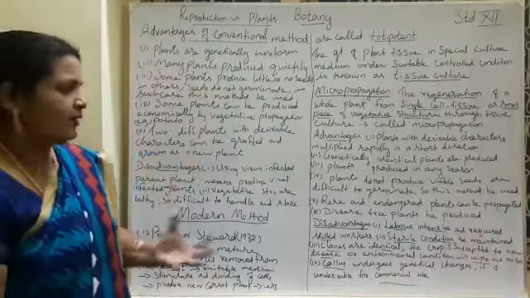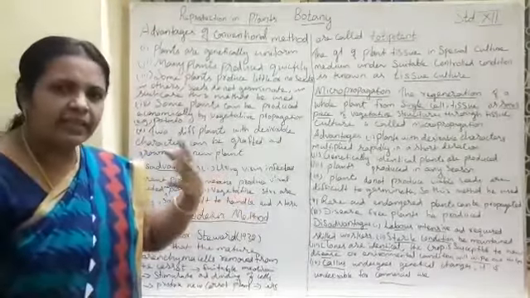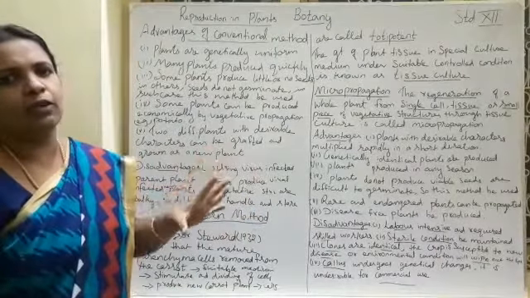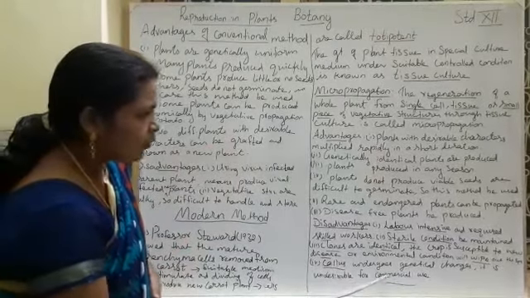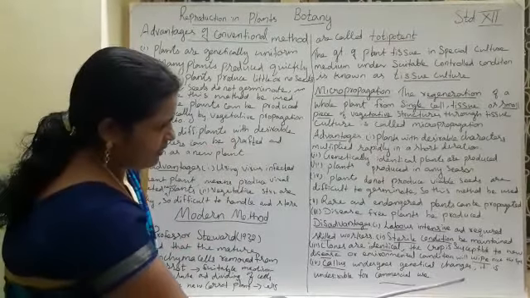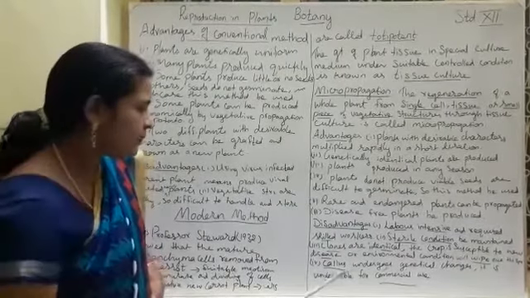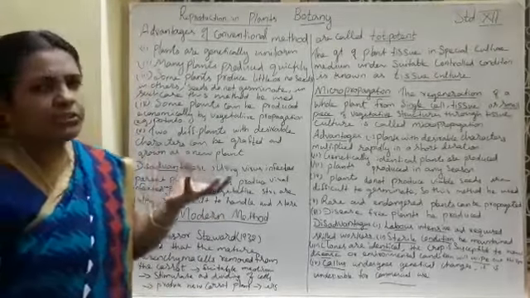That means, in some cases, if the tissue or clone has any disease, what happens? All the species are washed out. That is a wipe out. Then last point, callus undergoes genetic changes. It is undesirable for commercial use. What is the meaning of the word callus? Callus means the tissue or cell.